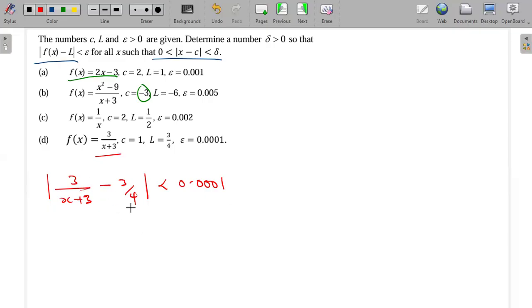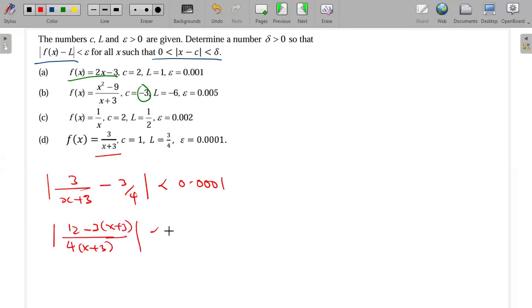So here you can make this into a single fraction, and you see that down there it's just 4 times x plus 3. You're just going to have 12 here, and then minus 4, then multiplied by x plus 3.